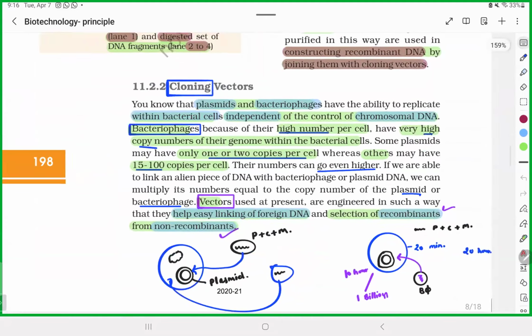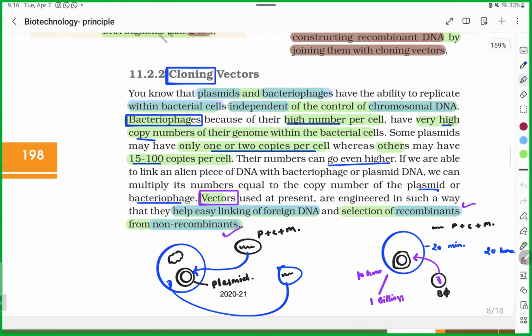Now you will understand this easily. Plasmid and bacteriophage have the ability to replicate inside the bacteria, and their replication does not depend upon the bacteria's main genetic DNA. Correct? Bacteriophage is a virus that can multiply in high number in a bacterial cell.